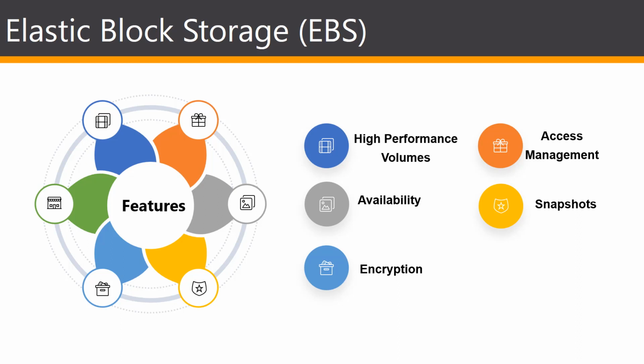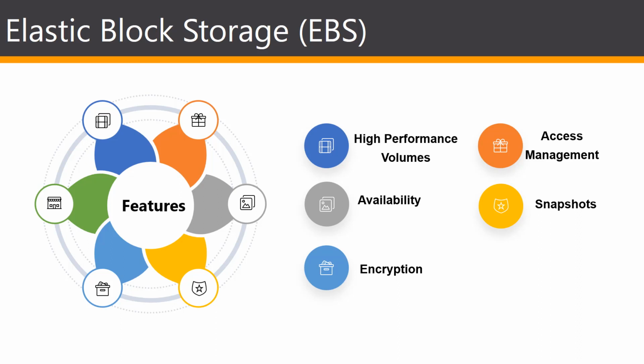With EBS, you can scale your usage up or down within minutes, all while paying a low price for only what you provision. EBS is designed for application workloads that benefit from fine-tuning your performance, cost, and capacity. Typical use cases include big data analytics, relational and NoSQL databases, stream and log processing applications, just to name a few.